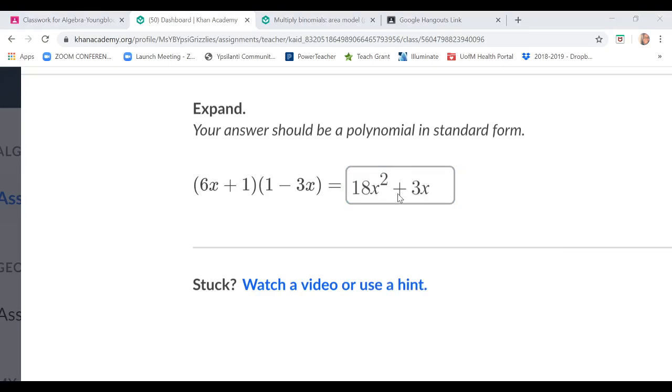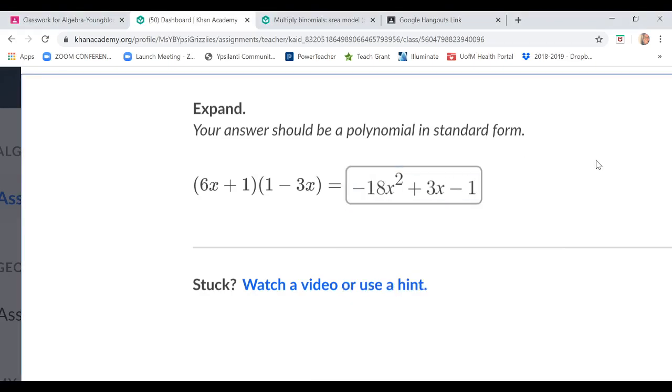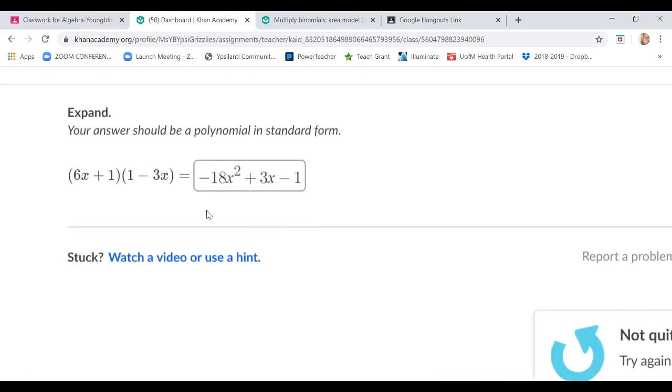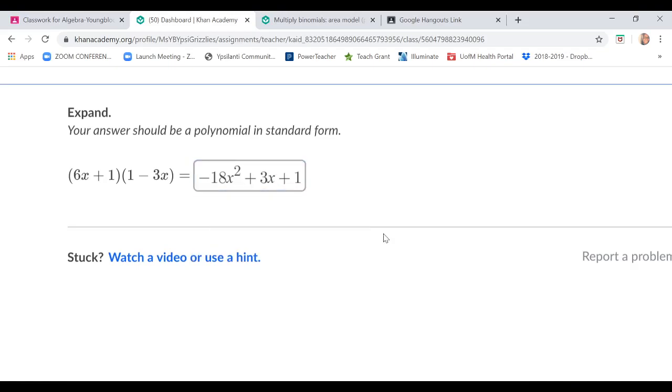It was negative 18x squared. Not sure why I dropped that negative. Okay. So it should be negative 18x squared plus 3x minus 1. Don't forget that negative sign. Oh no, still wrong? What did I do? Negative 18x squared plus 3x. Oh, plus 1. Why did I do minus 1? Plus 1. My apologies.